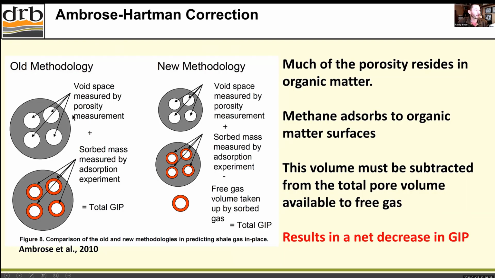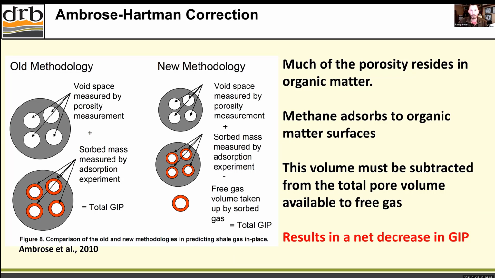And the problem that we had in the past was that we were basically double dipping. You have this void space and this pore system, and you're saying, okay, I'm calculating how much hydrocarbon is in that pore space and getting my free gas in place. And then we're doing this adsorbed gas calculation based on adsorption isotherms and TOC, and saying, okay, I also have this adsorbed component. We're adding the two together.